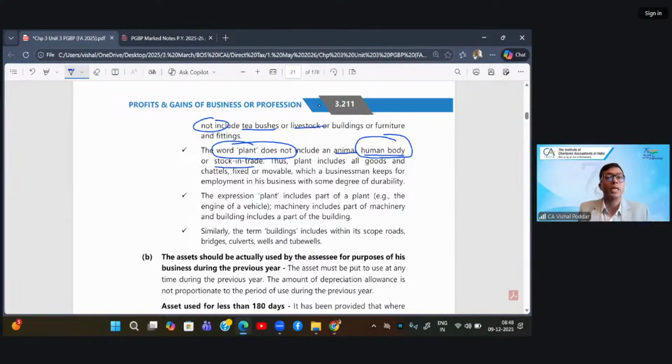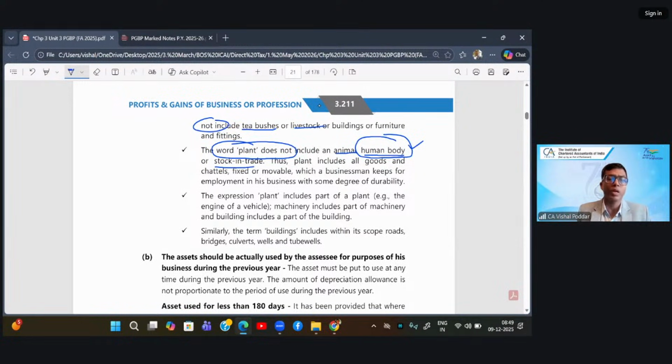And it was clarified, and that judgment has now in fact been incorporated here also, that human body is not plant. Even though, let us say I'm a film star, for me my looks, my body is very important and I'm spending a huge amount on its maintenance. Or in case of any professional like we chartered accountants, lawyers, our mind, our heart, all these body organs are very critical because they help us perform our work more effectively.